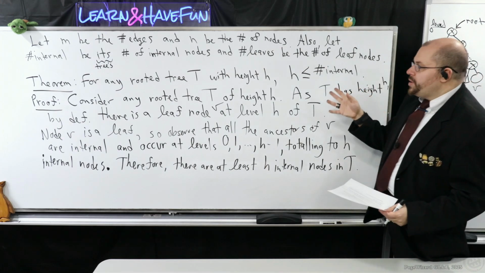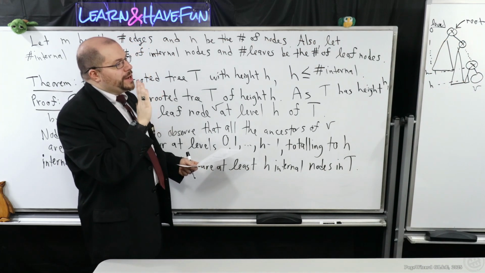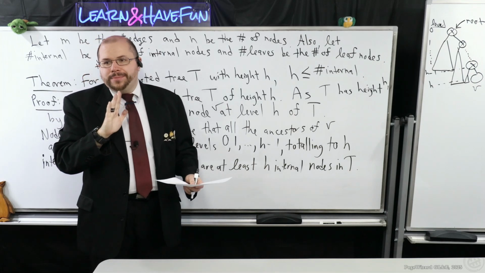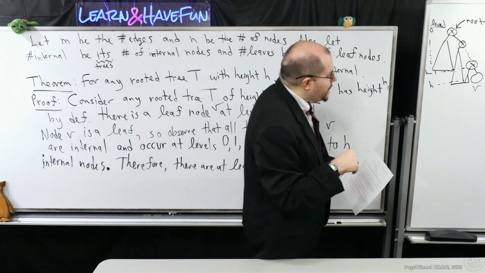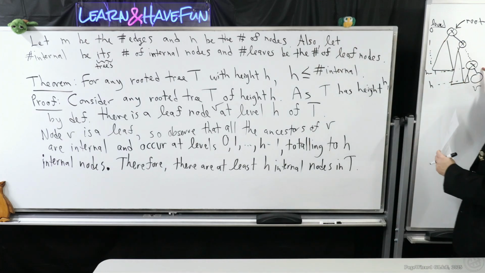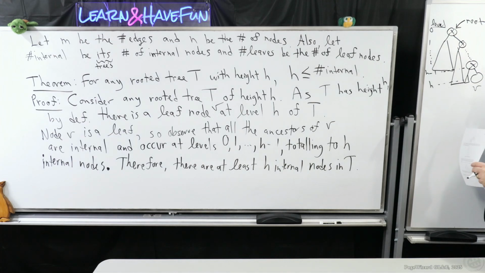So in this proof, all we did was we looked carefully at what's special about a leaf node, namely that every ancestor it has must be an internal node. Then we counted how many there could be along this pathway of ancestries up to the root, and we realized that there has to be h of them.